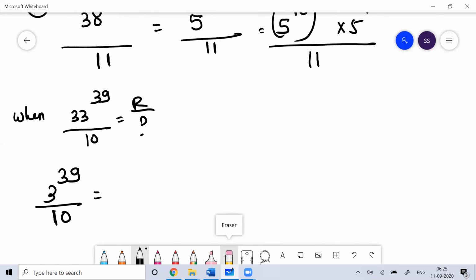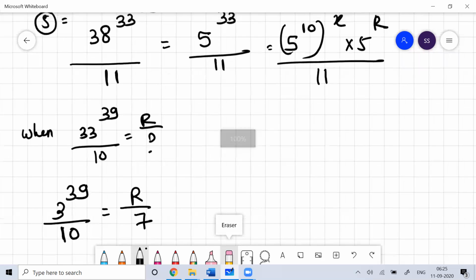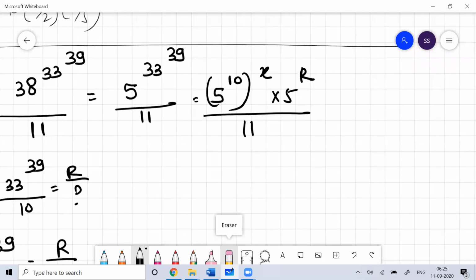Again 3 follows the power cycle of 4. So 39 means 7 will be the remainder. So 7 is the remainder.